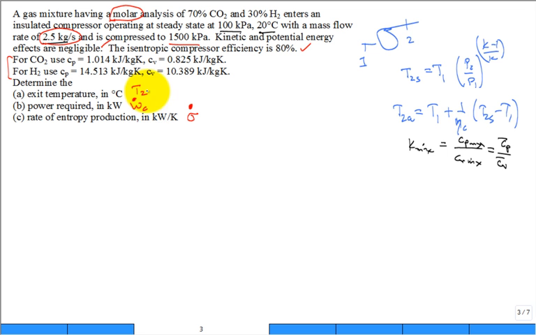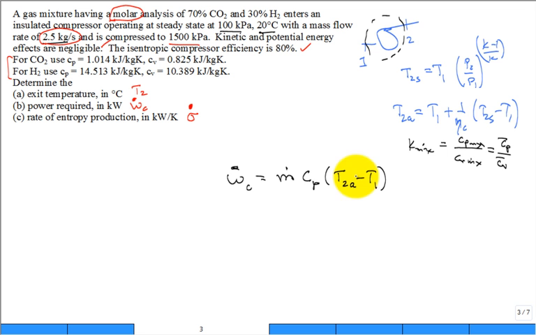How about once I get T2, how do I get W dot C? The answer for part B? Yeah, we'll just do a little control volume, energy balance around it. It's equal to the mass flow rate of the mixture times the specific heat constant pressure of the mixture times that T2 actual minus T1.